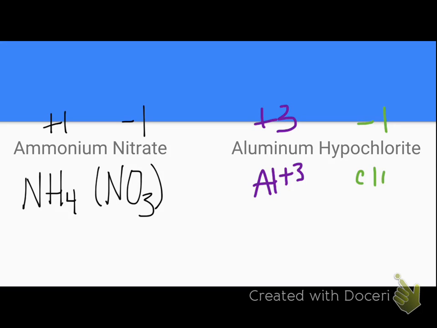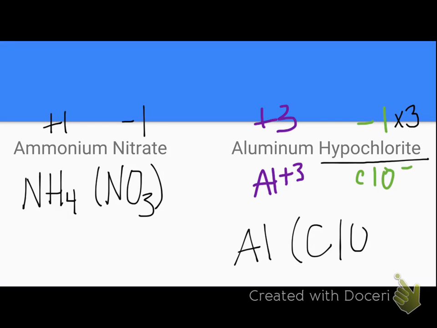Hypochlorite is ClO-. My least common multiple between 1 and 3 is going to be 3. So that means I need to multiply this by 3, which means I'm multiplying my hypochlorite by 3. So when I write this out, I'm going to have Al, ClO. I had to multiply it by 3.